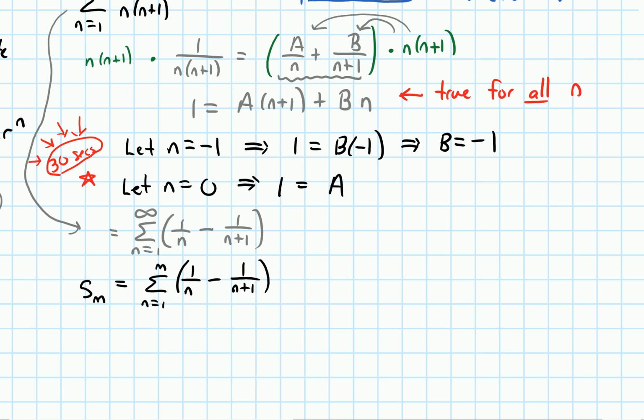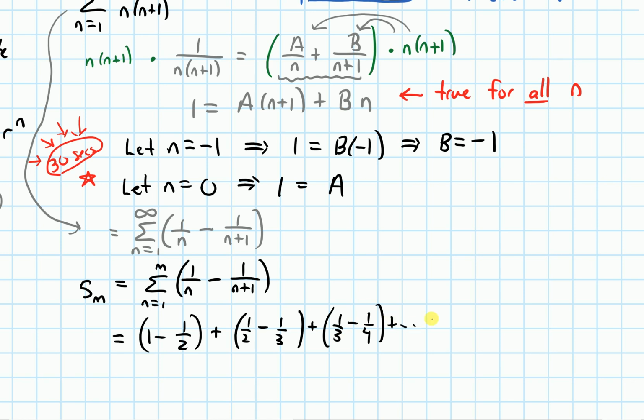And let's see what happens when we write out these terms. First I would plug in n equals 1, because that's where my series starts. That gives me 1 minus 1/2. Plus, now I plug in 2, which gives me 1/2 minus 1/3. Plugging in one integer up, I get 1/3 minus 1/4.